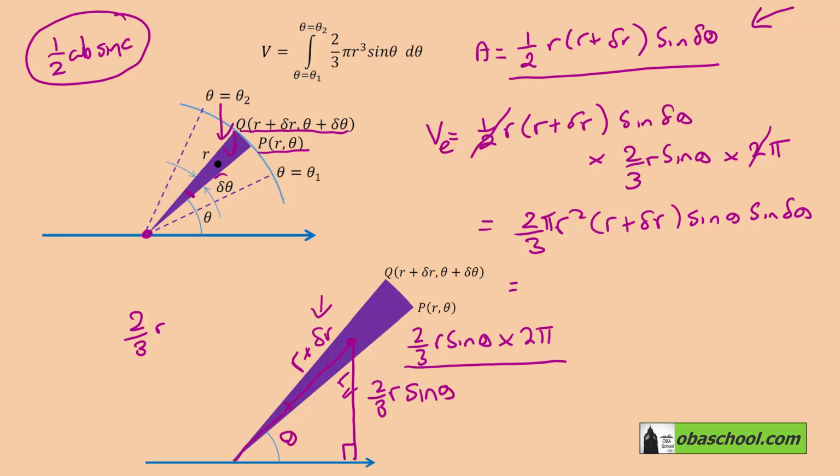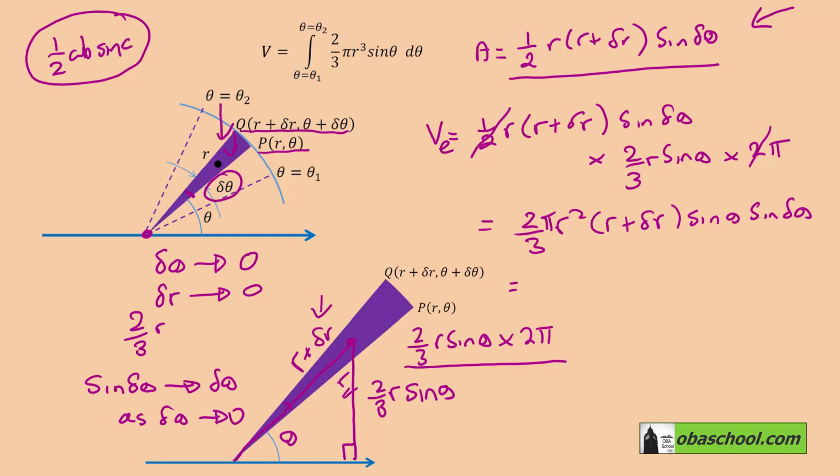The next thing to remember is that we always tend the delta theta to 0. And that also means that the delta r will tend to 0. But sine delta theta tends to delta theta as delta theta tends to 0 is something else that we can use here. You may be aware of sine delta theta over delta theta tending to 1 as delta theta tends to 0, which means sine delta theta tends to delta theta.